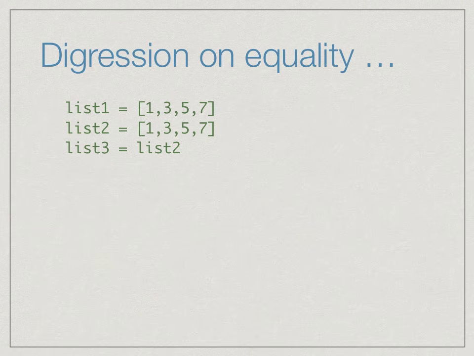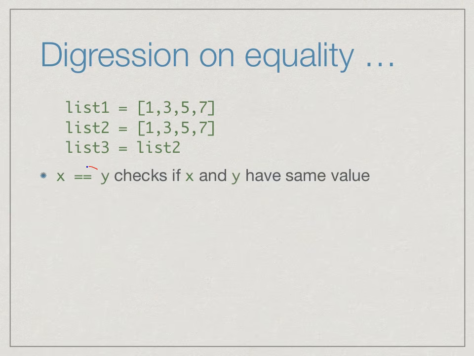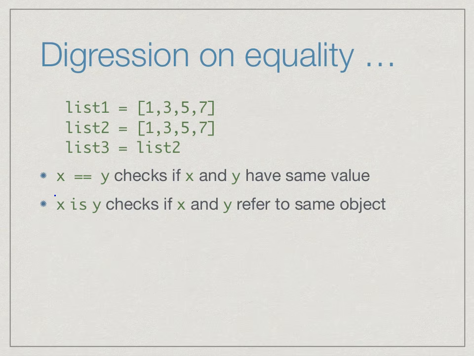So Python has, as we saw, this operation == (equal to), which is the equivalent of the mathematical equality, which checks if x and y as names have the same value. This will capture the fact that list1 is equal to list2, even though they are two different lists, they happen to have the same value. To look at the second type of equality, that list3 and list2 are actually the same physical list in the memory, we have another keyword in Python called is.